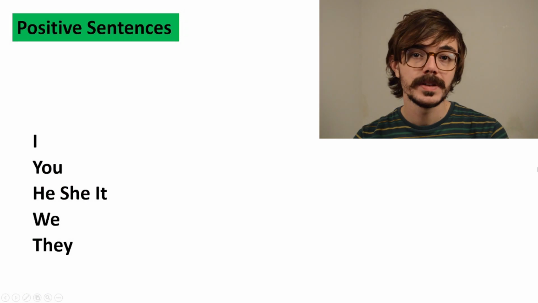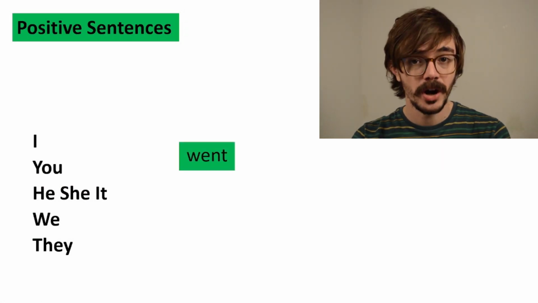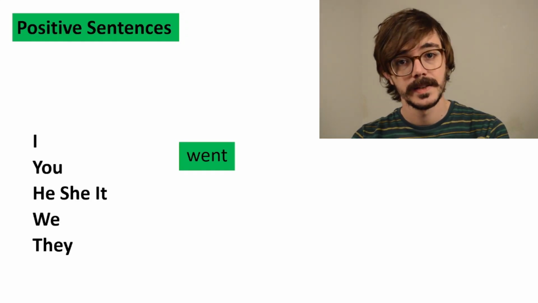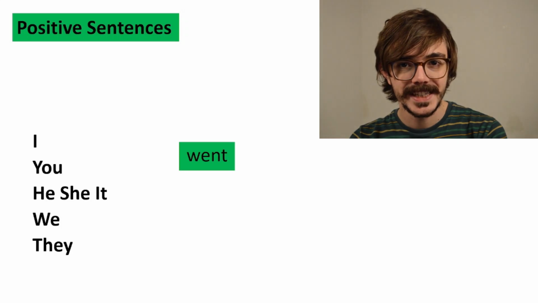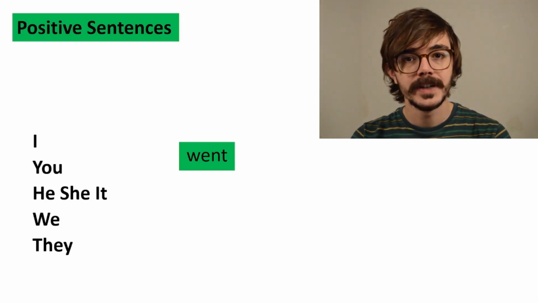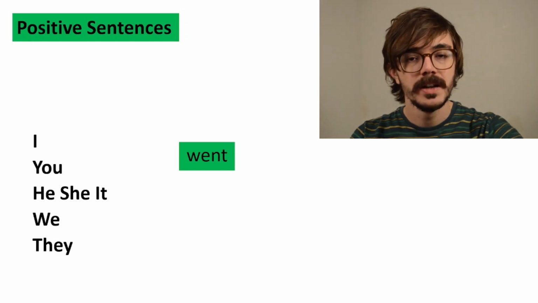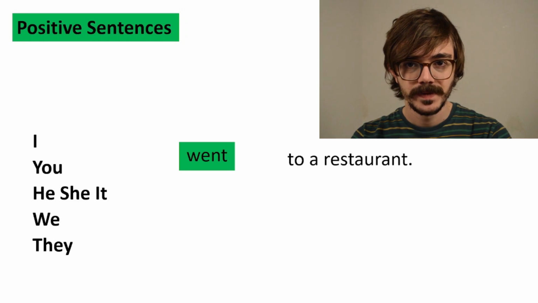Now, what about some positive sentences with other irregular verbs? We have go becomes went. So I went, he went, she went, you went, they went, we went. So again, we're back to a verb which just has one form for all the pronouns. I went to a restaurant. They went to a restaurant.